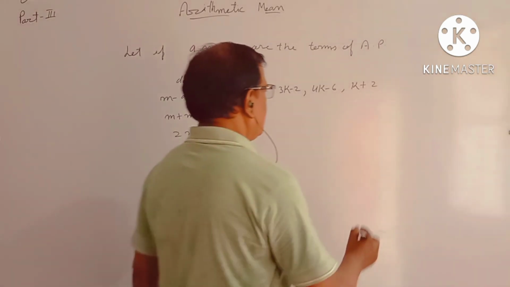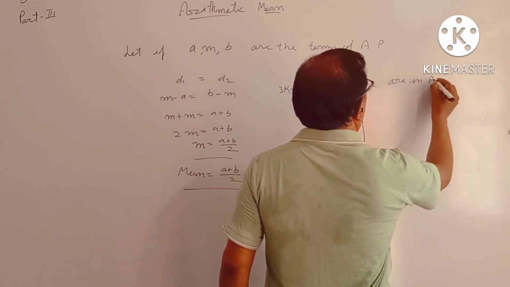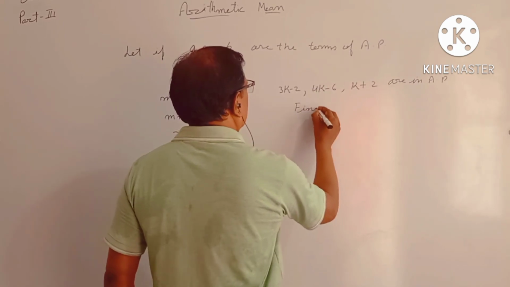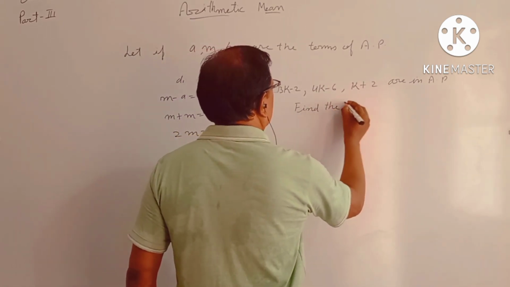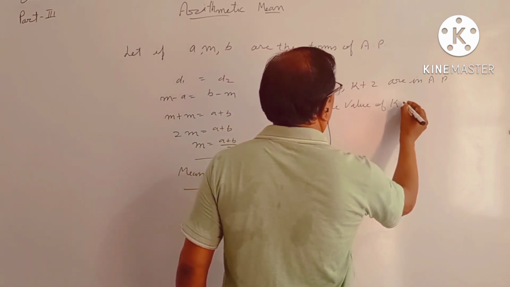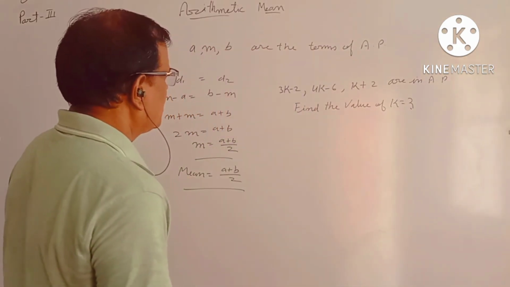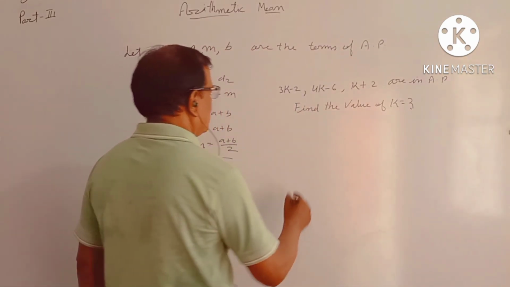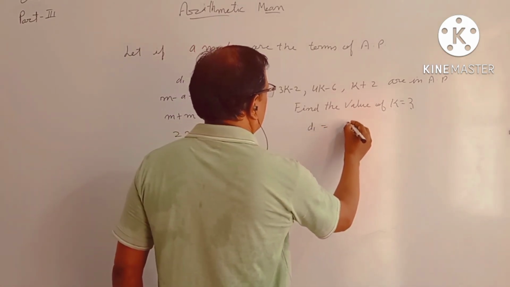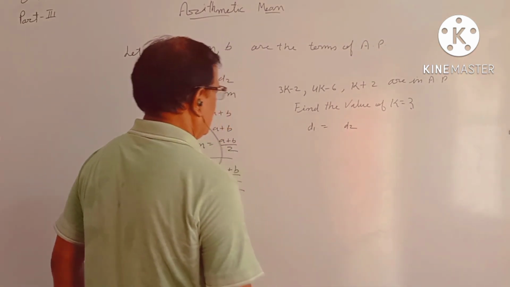As we know, M equals (A plus B) by 2, or we can write D1 equals D2 if the terms are in AP.